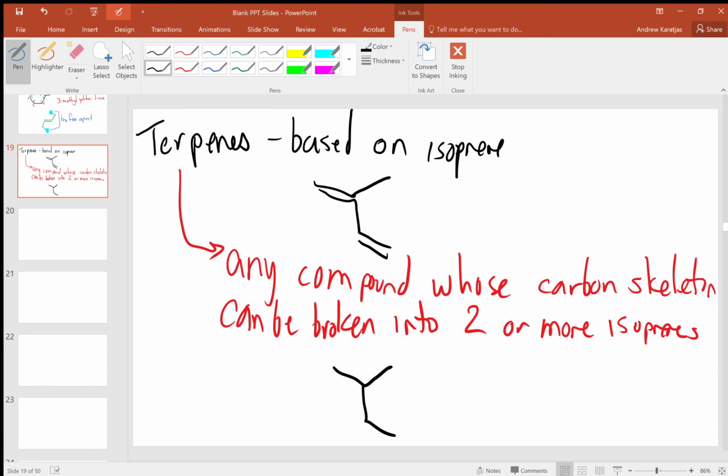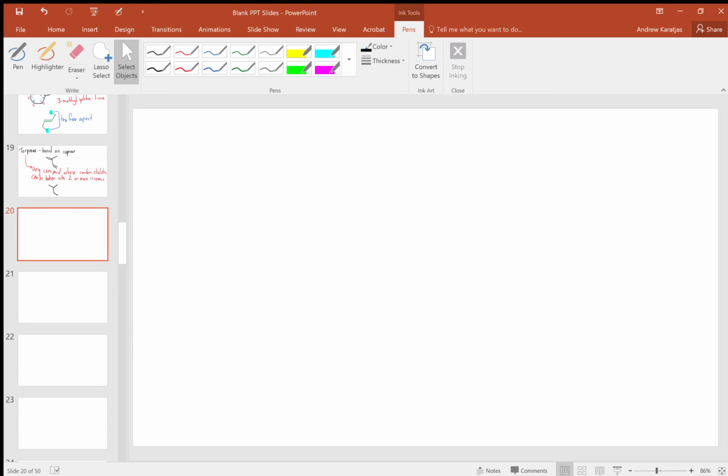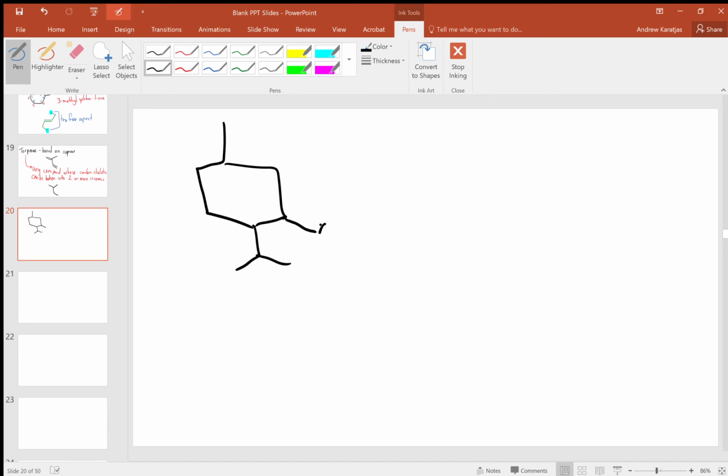And the reason we bring up terpenes is we find them in a lot of familiar places. So this molecule, for example, is menthol.